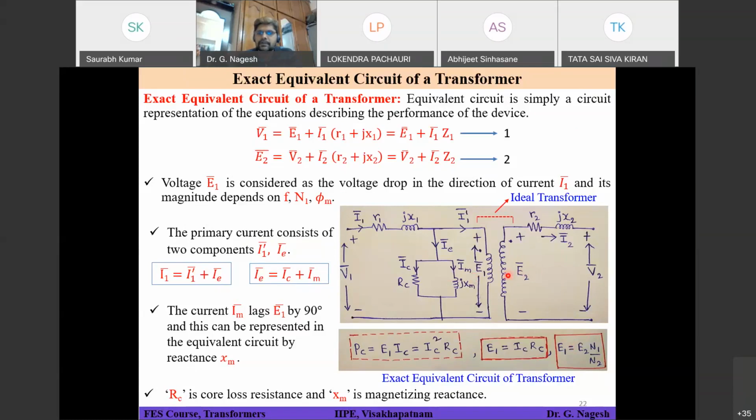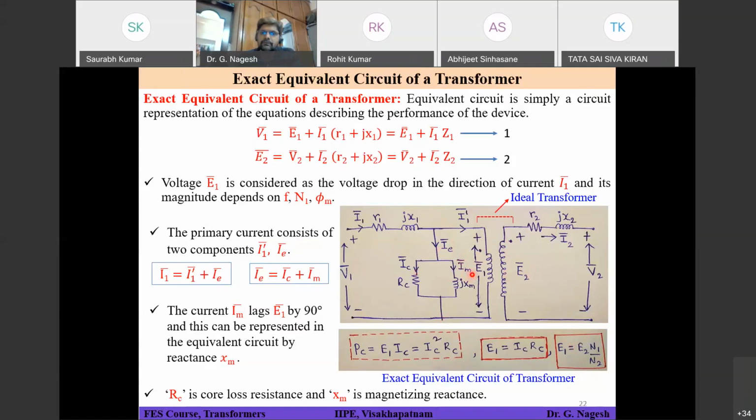If I want to study the transformer based on the circuit, generally everyone will talk in terms of circuit only. Even for the real transformer, if they want to study something, they will draw the equivalent circuit and study whatever losses they want to calculate.